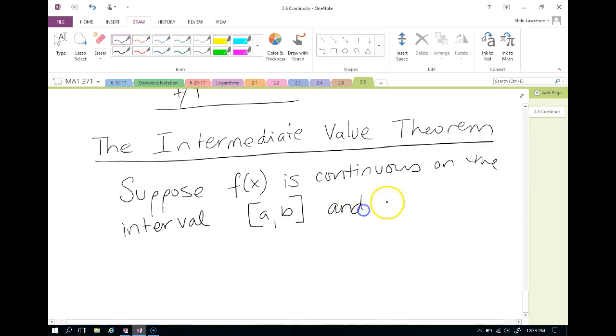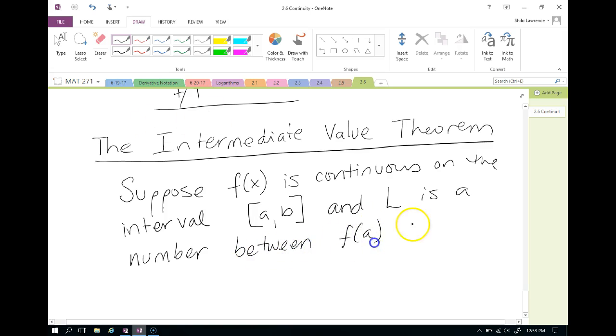And L is a number between f of a and f of b. So those are the y values that go along with the x values in the interval that we're working with.